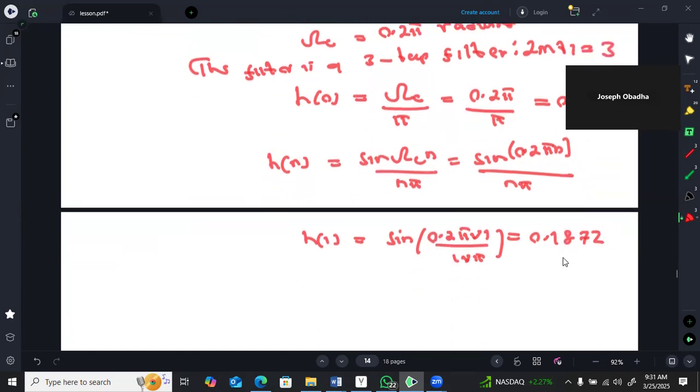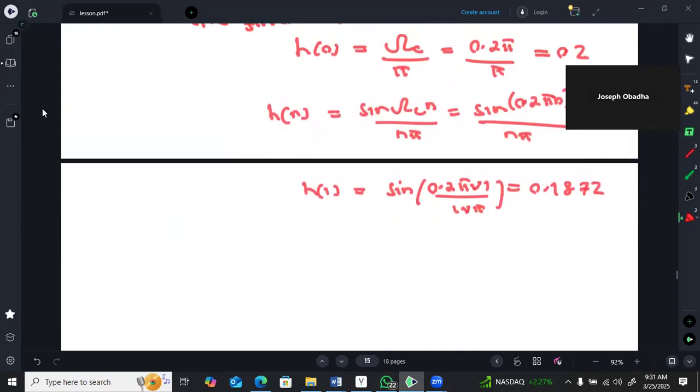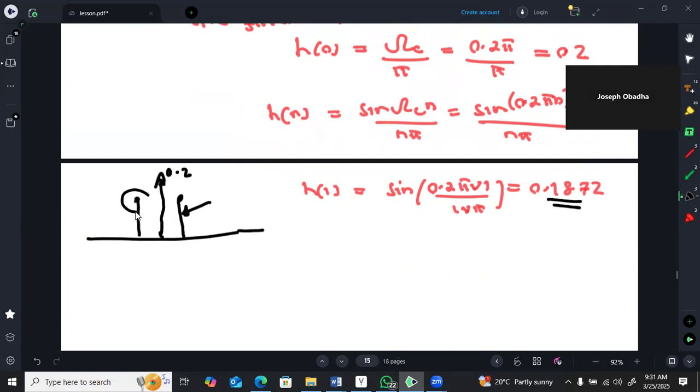Remember, the filter response is 3 taps. So if you go back and check, we have an amplitude at n equal to 0, the amplitude 0.2. Then we have a value there, a value there. When we have this h of 1 to be this, by symmetry, we also know this.